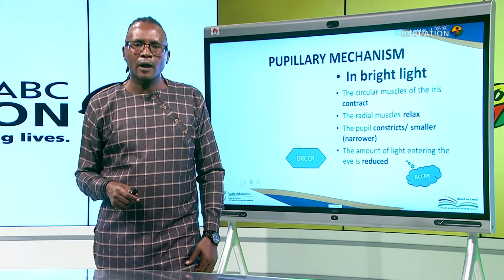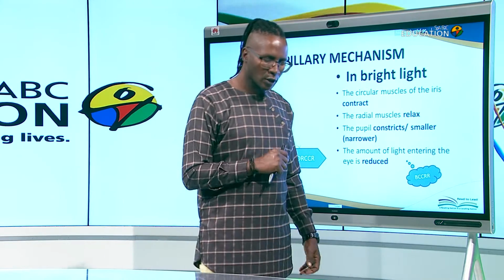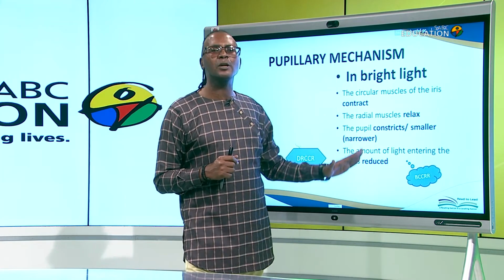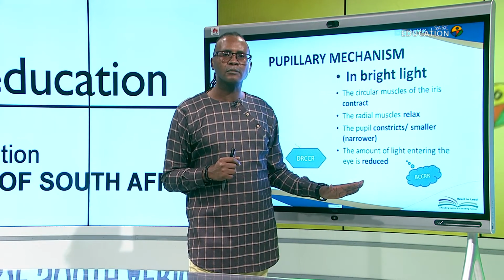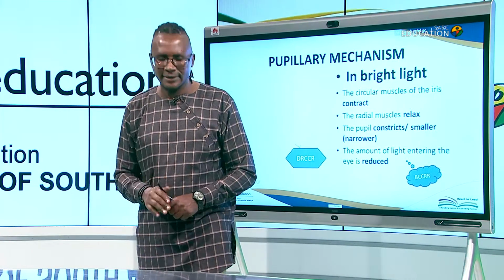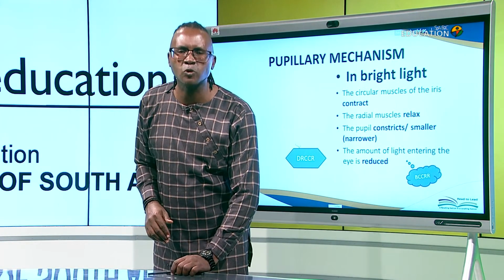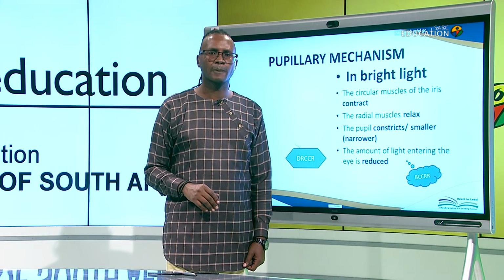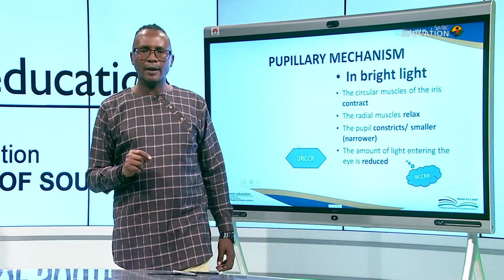So, write for me what will happen during the night then. Because I gave you what's happening during the day. What will happen during the night, in dim light, when there is no light? The opposite should happen.